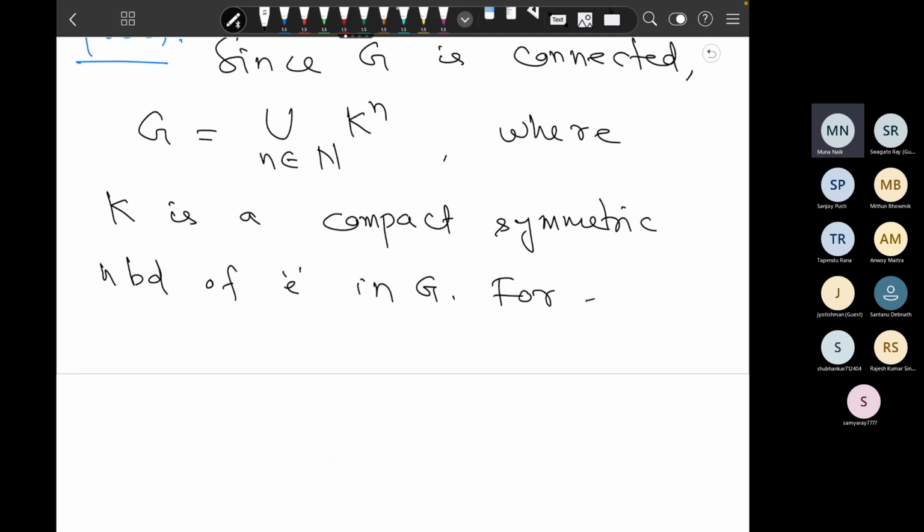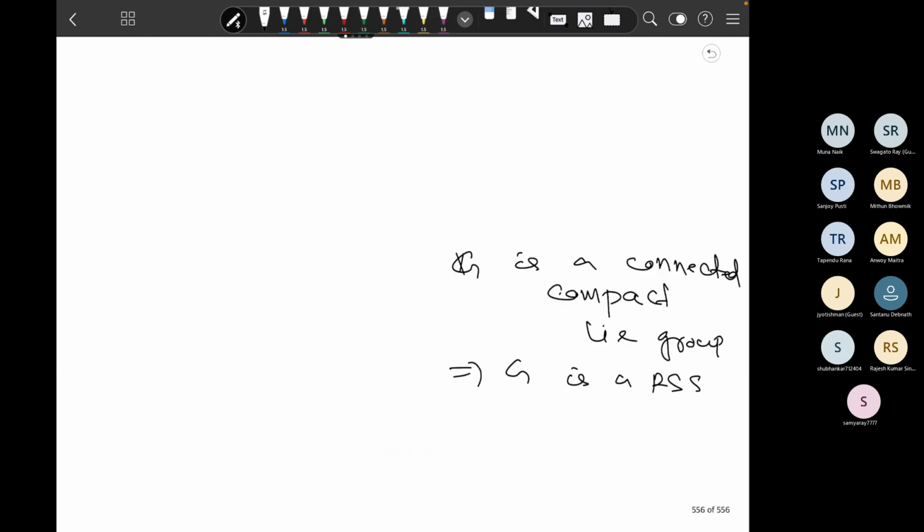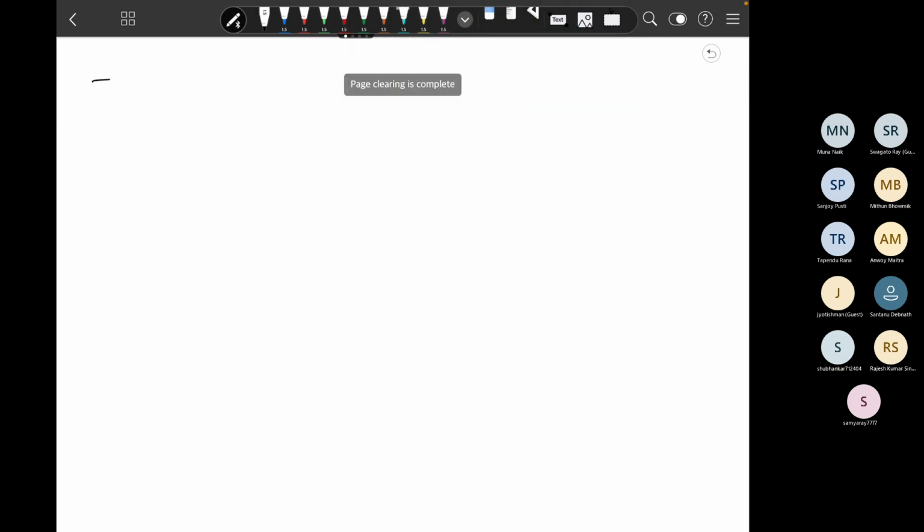Since for each n belonging to N, this K to the power n is compact, therefore G is sigma compact.